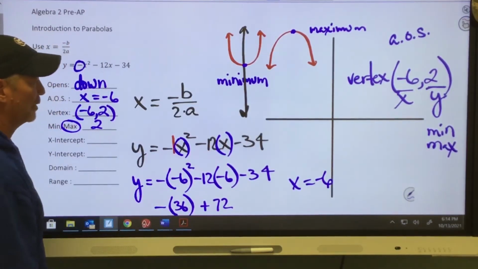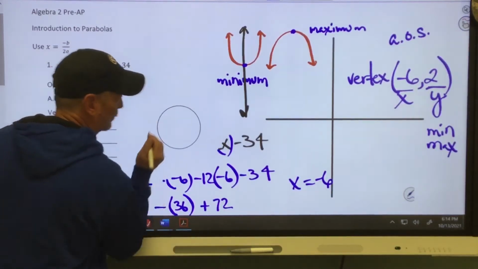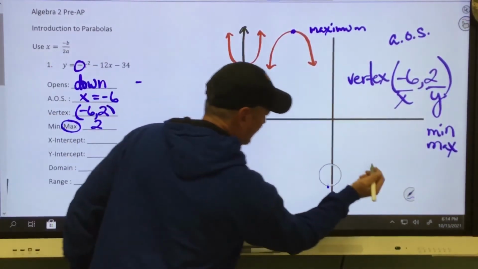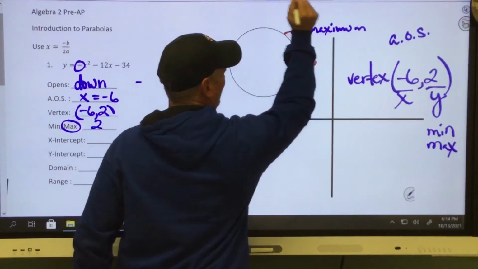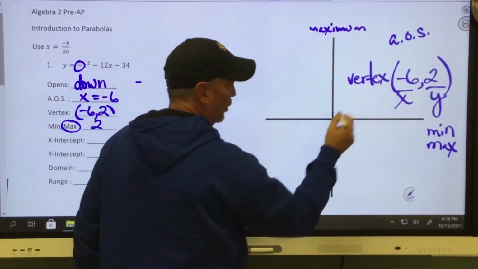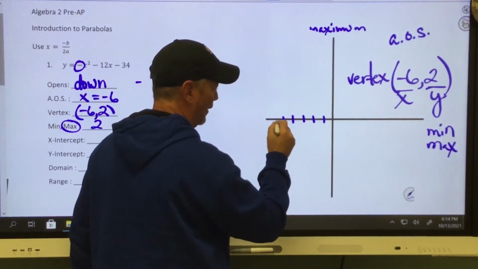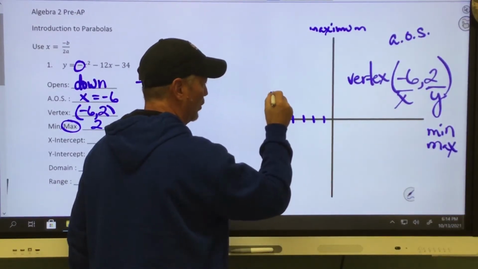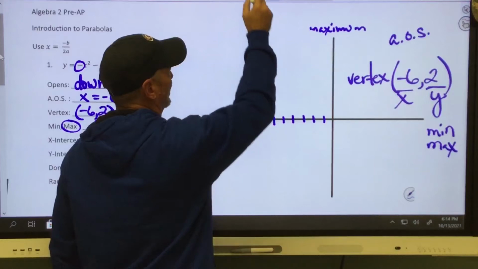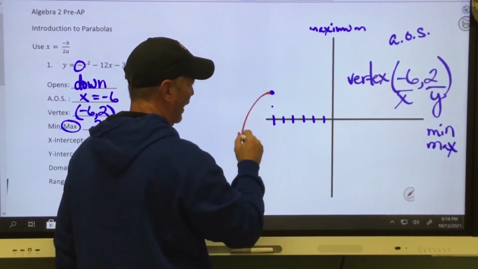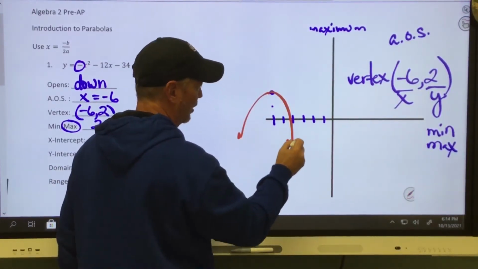All right, let me erase some of this so you'll see what I'm talking about. So we're going to go to -1, 2, 3, 4, 5, 6, 1, 2. There's my vertex. My graph's going to go down. Okay?